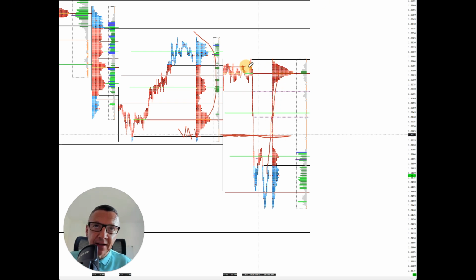This is the other side of value, the value area high. We don't take any notice of the developing values. This particular profile is developing at the moment, and this is the value area low and this is the value area high on the developing profile, but we take no notice of that at all.